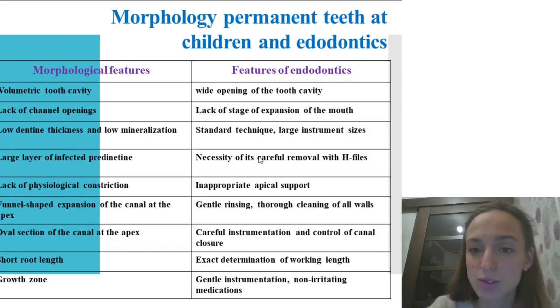Morphology of permanent teeth in children and endodontics. Here are the morphological features and features of endodontics. So: wide opening of the tooth cavity, lack of a stage of expansion of the mouth, standard technique and large instrument sizes. Necessity of its careful removal with headstrong files.